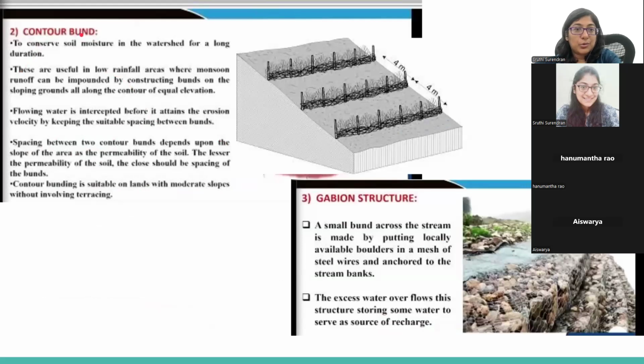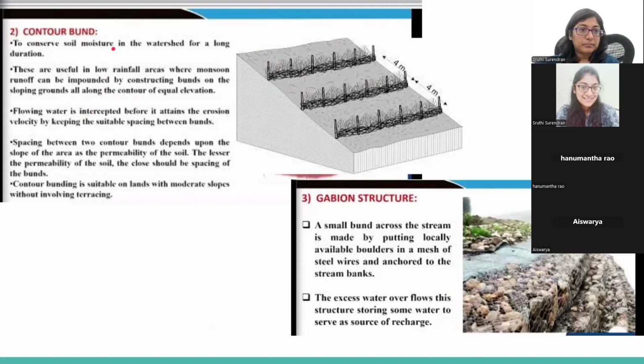The next one is a contour bund. In places that have slopes of this nature, bunds will be constructed at specific intervals along the slope. When it rains, or when there's a runoff event, water will get collected in these areas and be retained there, which eventually will infiltrate and percolate and reach the groundwater.